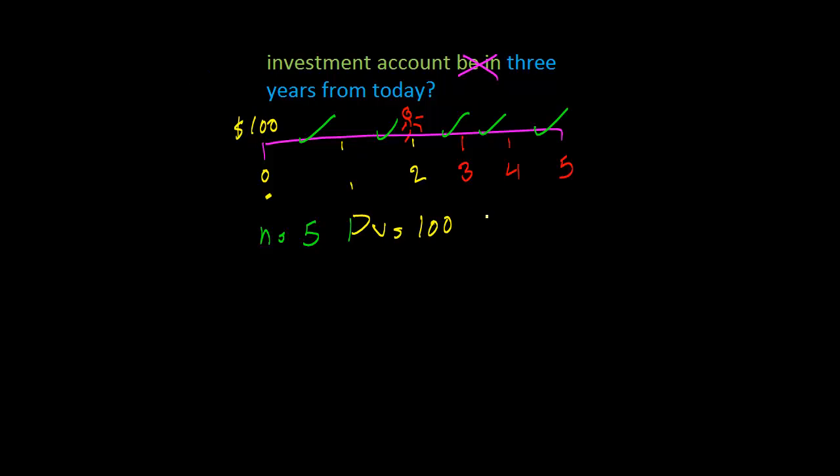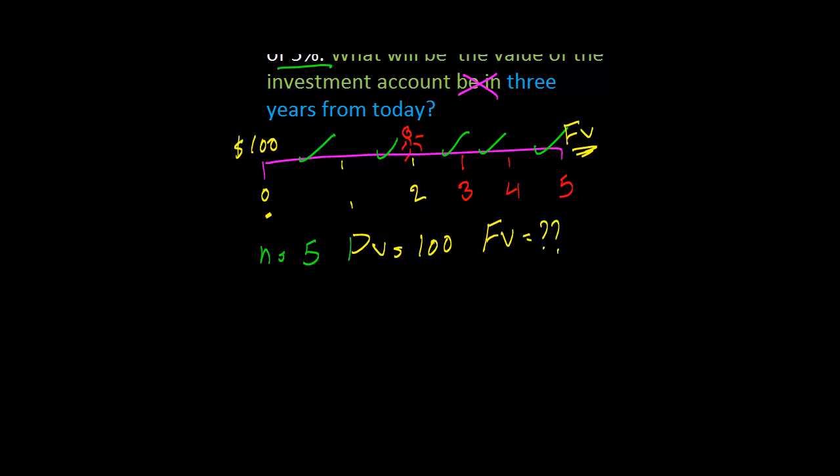Now our future value is unknown, and it is going to be at time 5. And our return is 5%, so R is equal to 5%, and that's equal to 0.05.